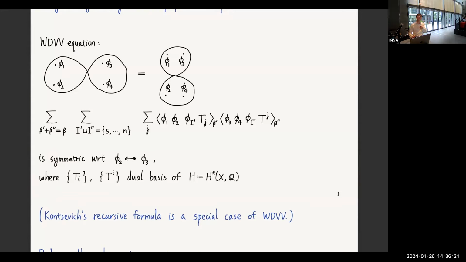When we switch phi2 and phi3 for the observables, we get equality. And this is a generalization of Kontsevich's recursive formula that I mentioned in the very beginning for these numbers.